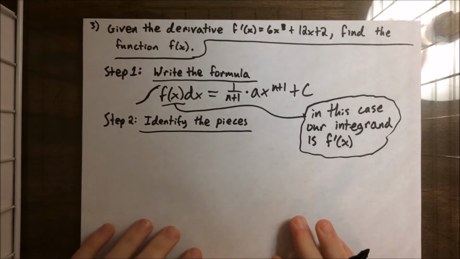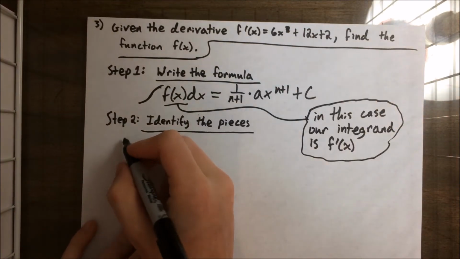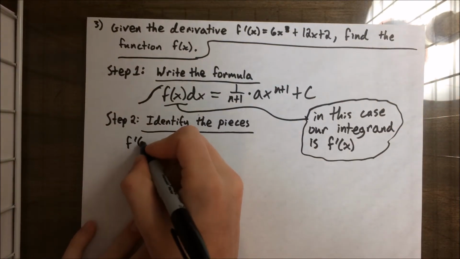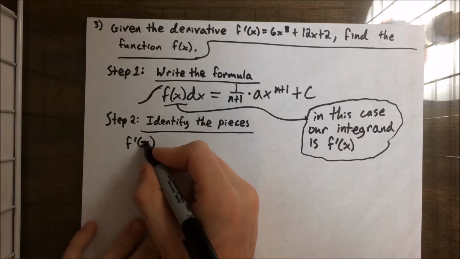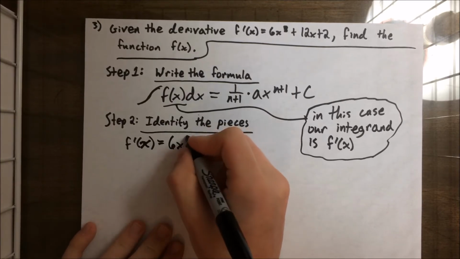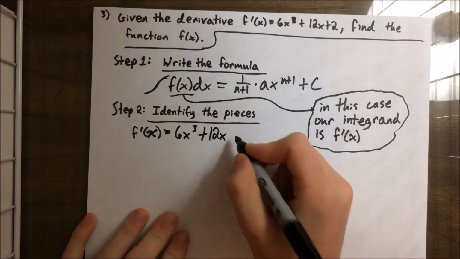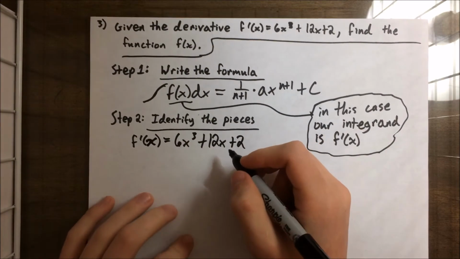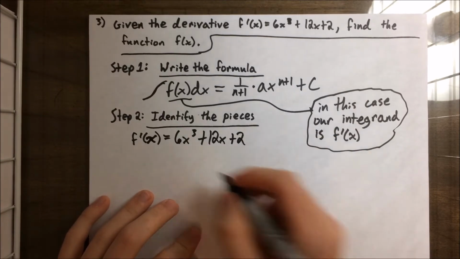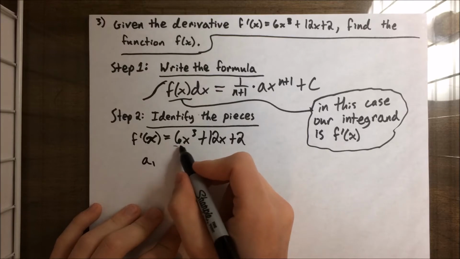Okay, so step 2 is to identify the pieces. So I'm going to rewrite the starting equation. f prime of x is equal to 6x cubed plus 12x plus 2. Okay, so then a1 is right here.